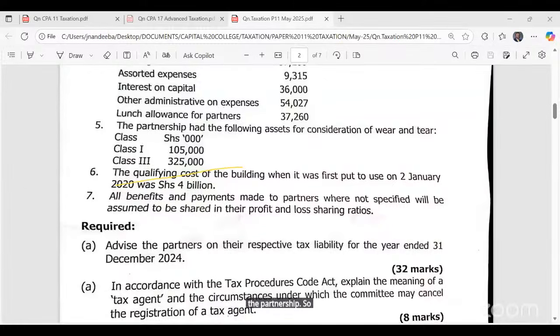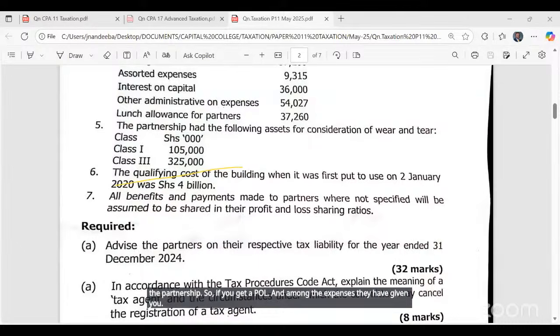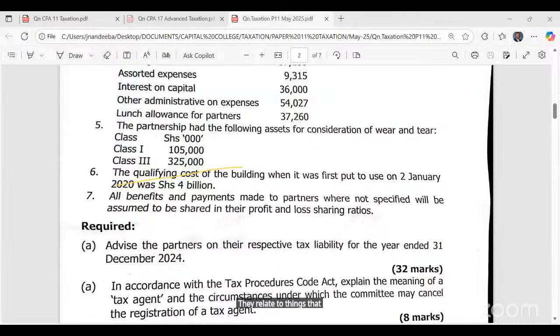So if you get a POL, and among the expenses they have given you, they relate to things that were paid to the partners, you will come and add them back in the tax computation. And examples that you will see is interest on capital.